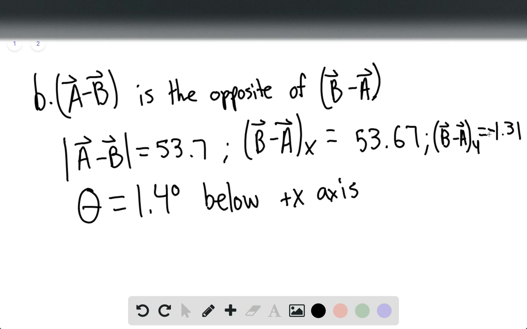So it'd be negative 1.31. That's the y coordinate, and for the x coordinate we have positive 53.67. So if a positive y, positive x, and a negative y, this is going to be the fourth quadrant.